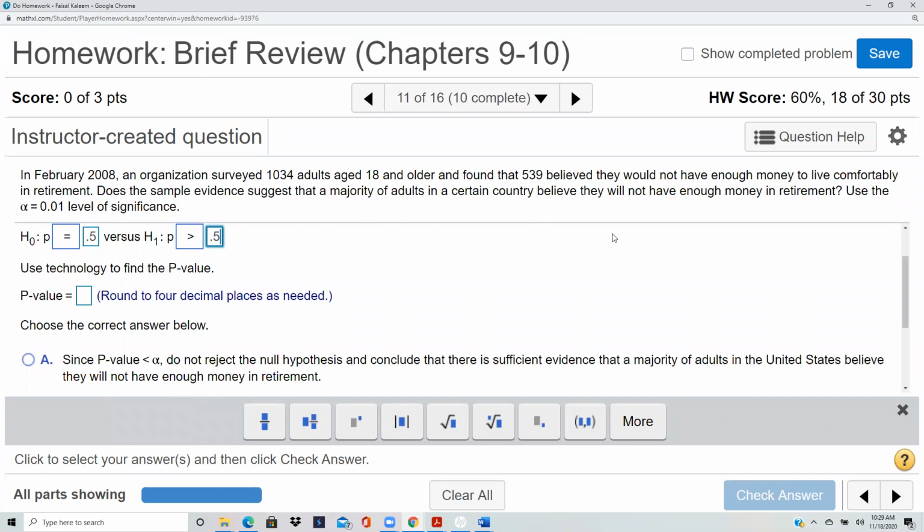So it's not the 'not enough money' that's deciding it. It's the word majority that's deciding what number.